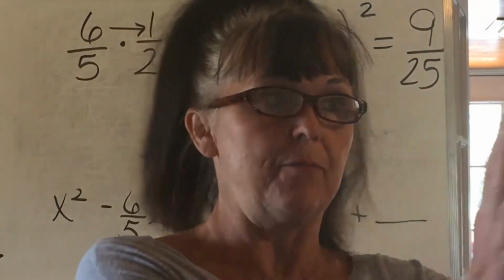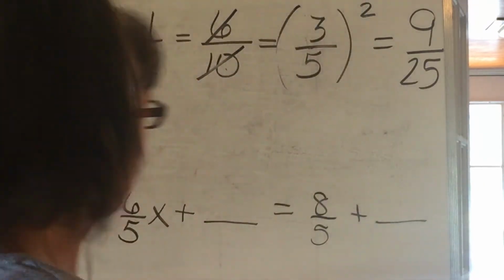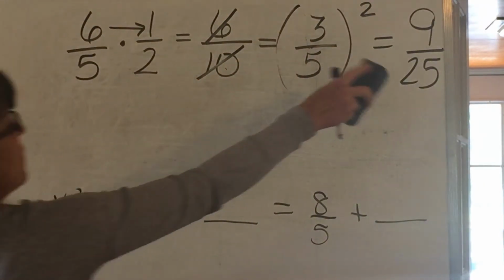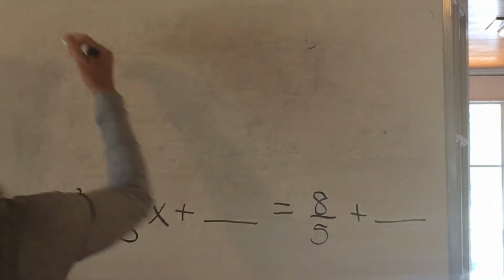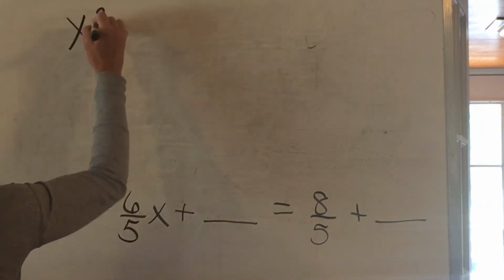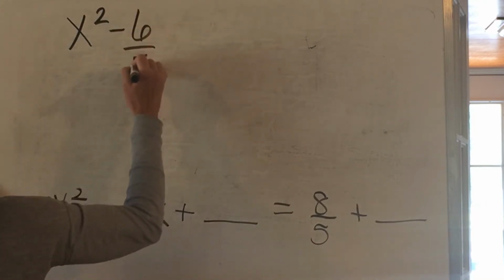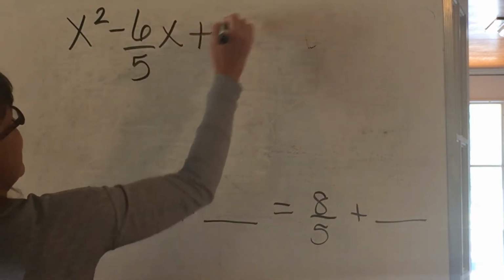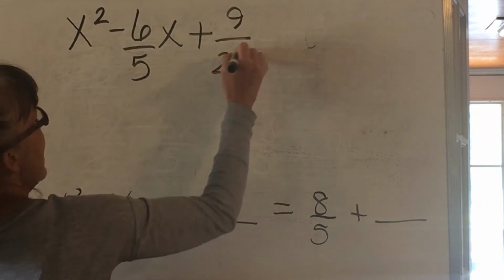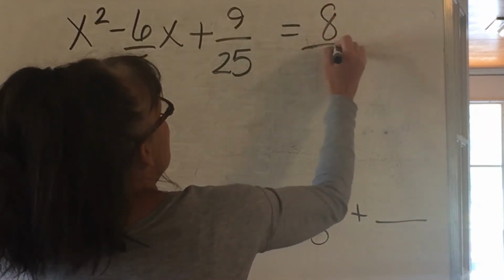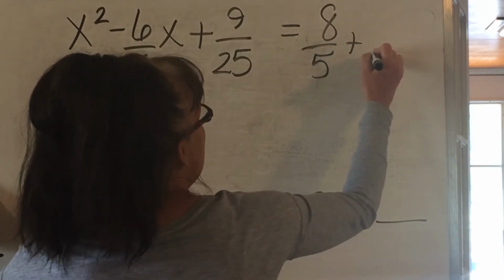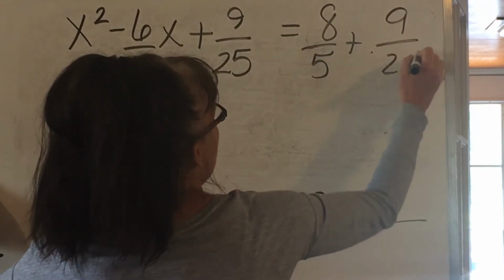Work out your problem, do your chicken scratch to the side. So don't forget, I'm adding 9 over 25. So I'm going to rewrite this again, except this time I'm adding 9 over 25 in my blank. 9 over 25.